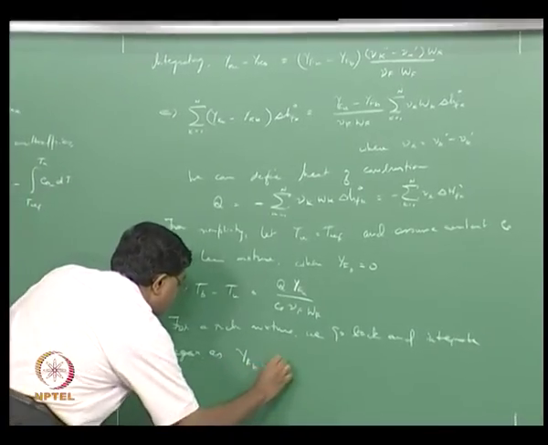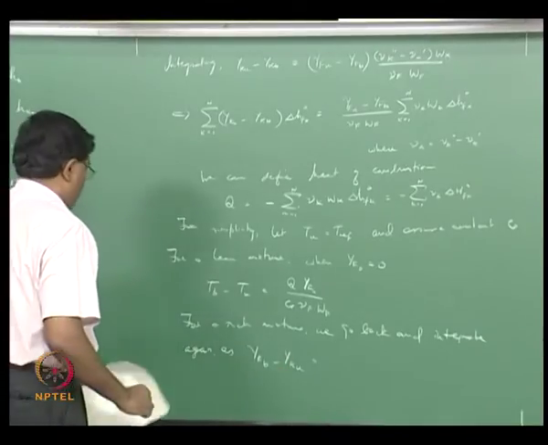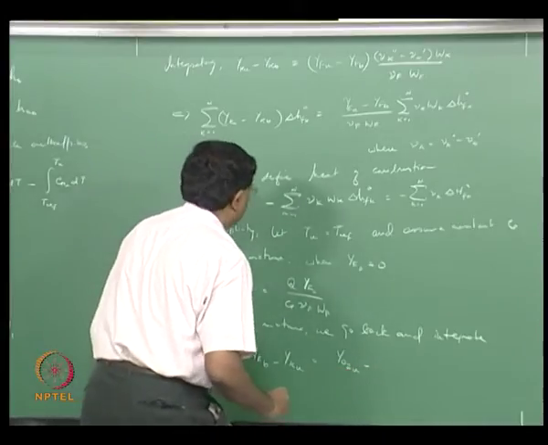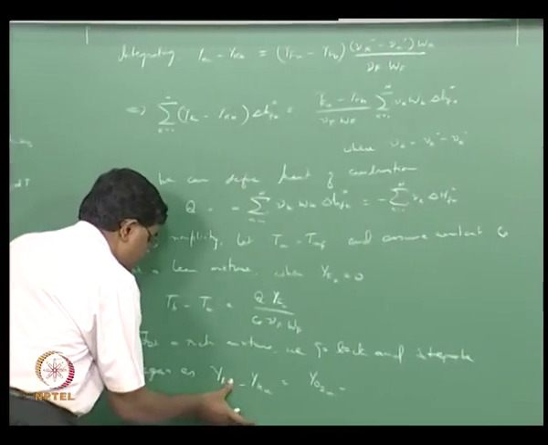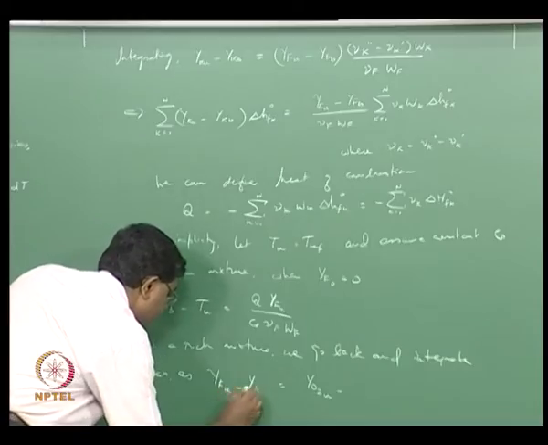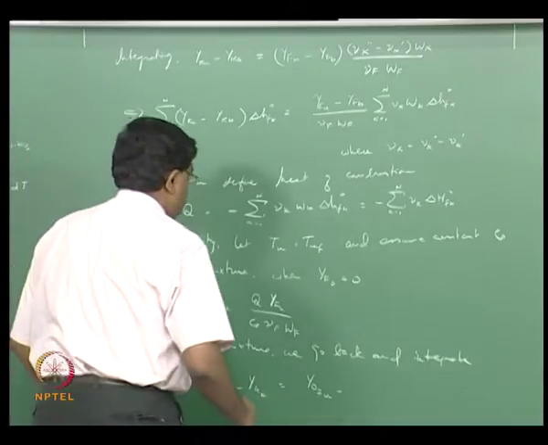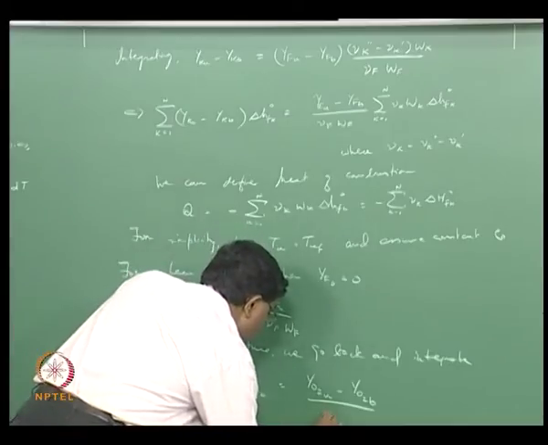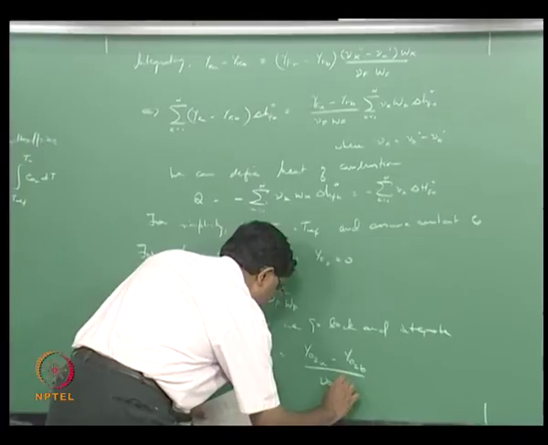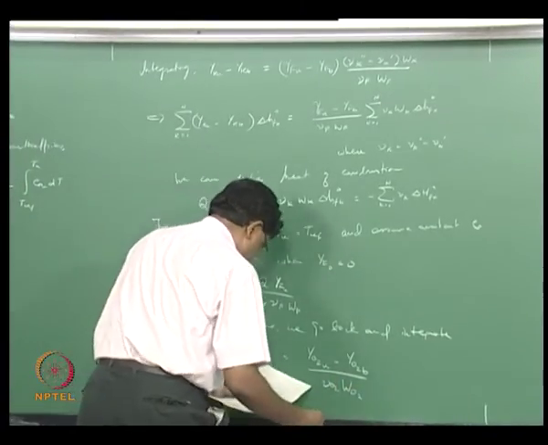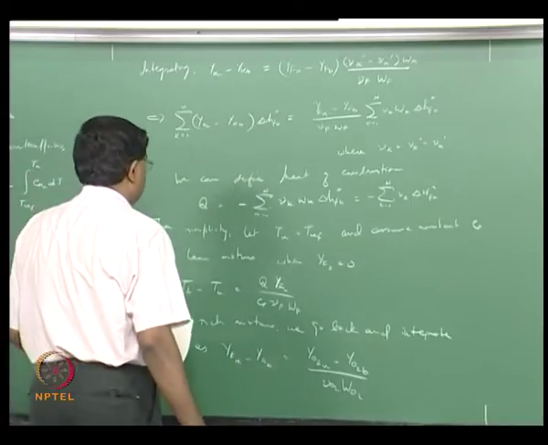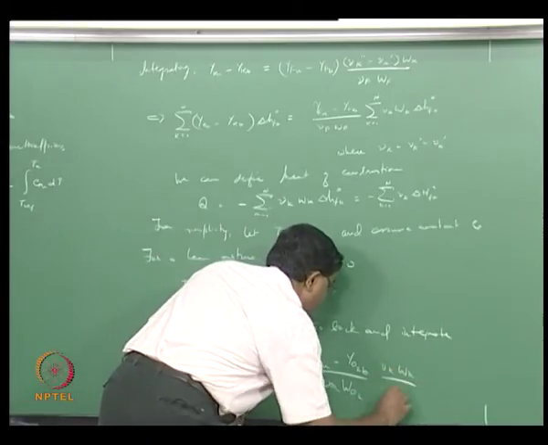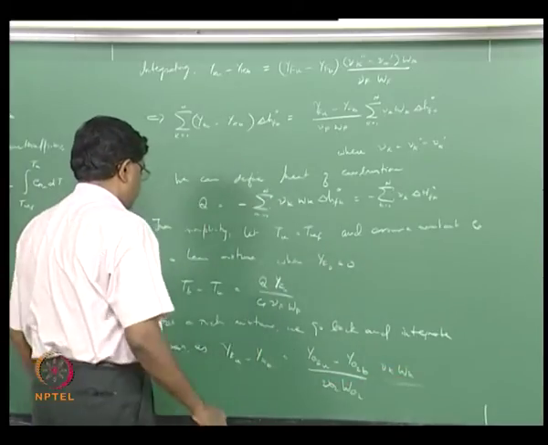So Y_KB minus Y_KU equal to Y_O2,U minus Y_O2,B divided by nu_O2 W_O2 times nu_K W_K. I rewrote this.